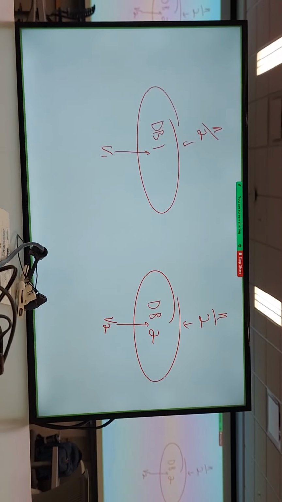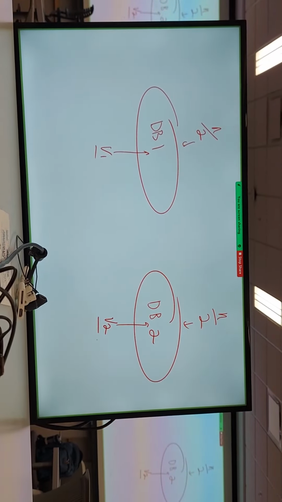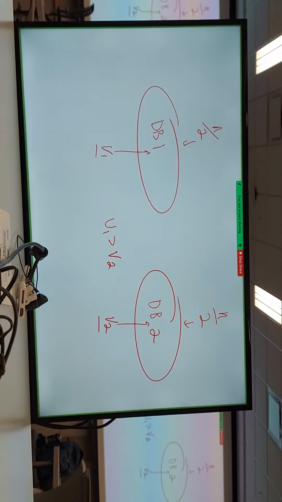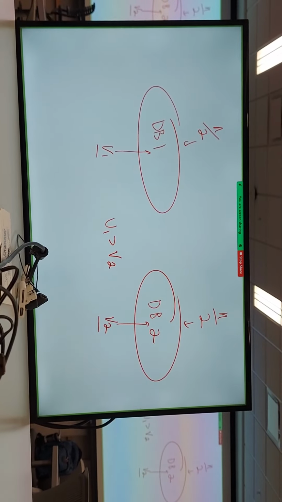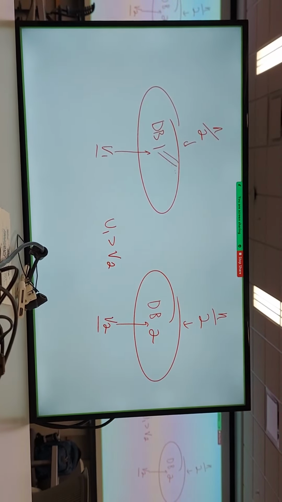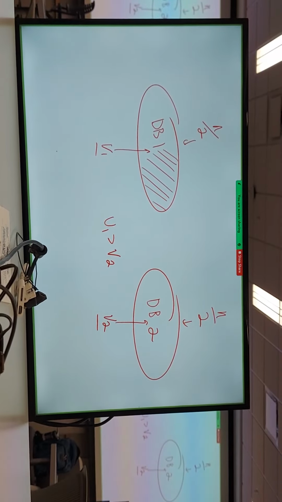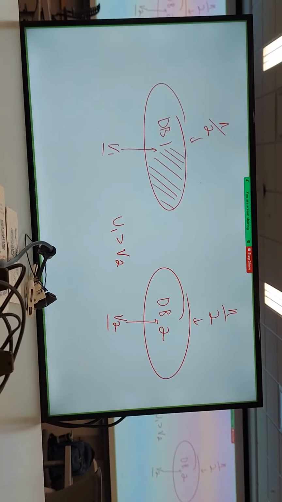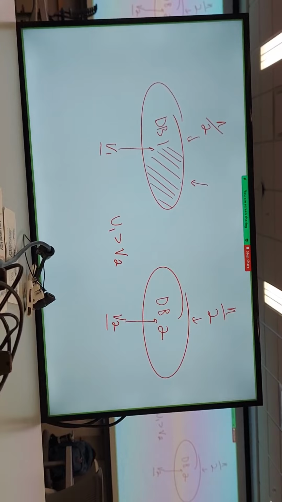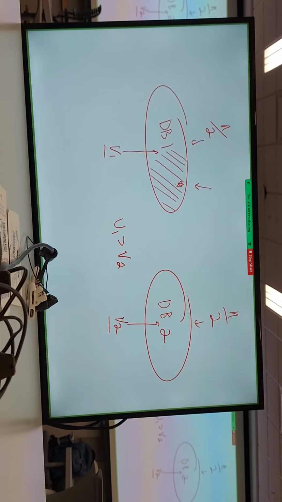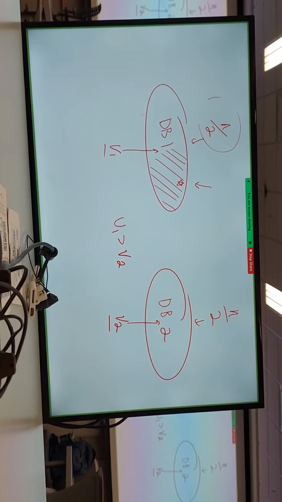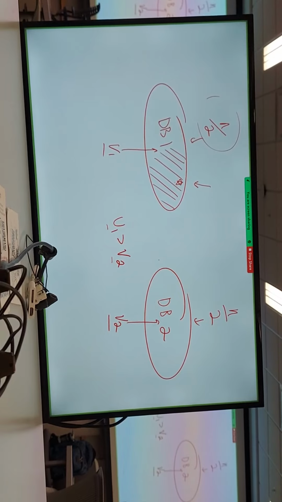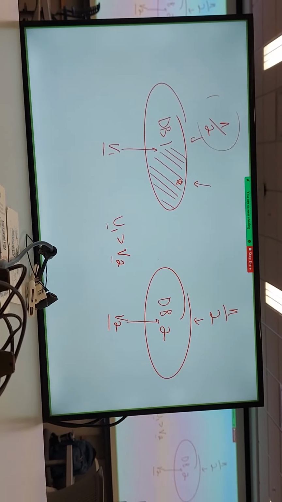So what we can see is, when we compare the values, if v1 is larger than v2, what we can get is, of course, the true median can't be in this half. Because if the median is right here, then that value is larger than more than n over 2 elements in db1, and because v1 is also larger than v2, that value will also be larger than more than n over 2 numbers in db2.